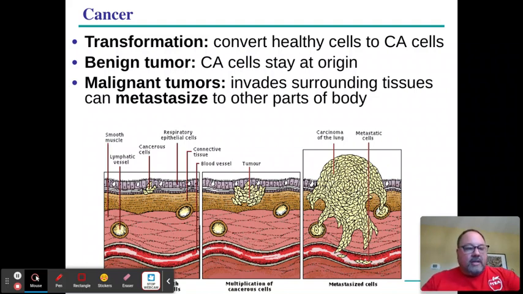Now, one important thing to note is that cancer is oftentimes not a one mutation and done kind of scenario. Things like what we look at here with colon cancer, it usually takes around 6 mutations to accumulate before a cell becomes fully cancerous, or before a mass becomes fully cancerous.